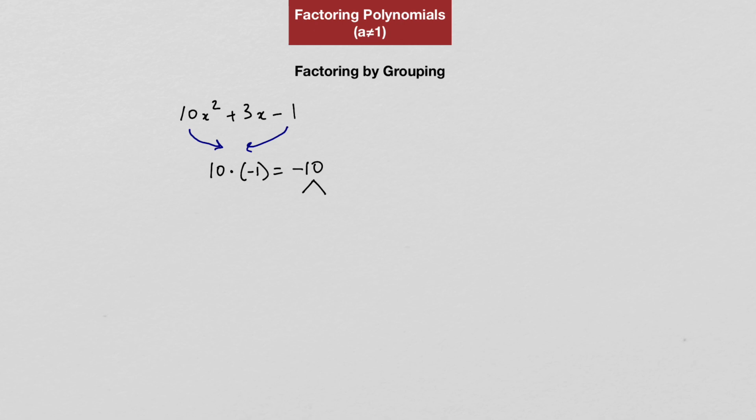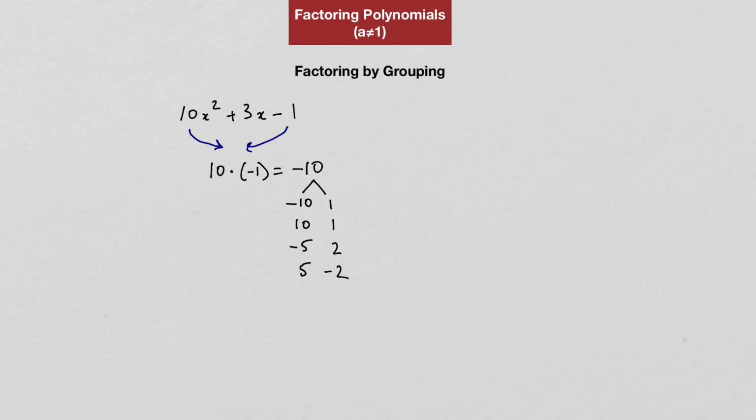We will have negative 10 and 1. We will also have positive 10 and 1. And then there's also negative 5 and 2. And then we will also have 5 and negative 2. I believe that's all of the possible factors of negative 10.